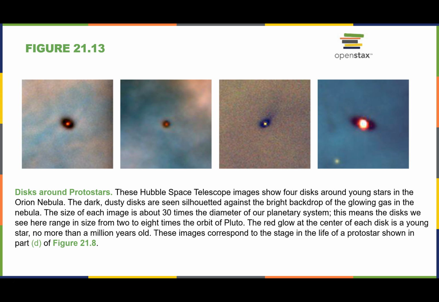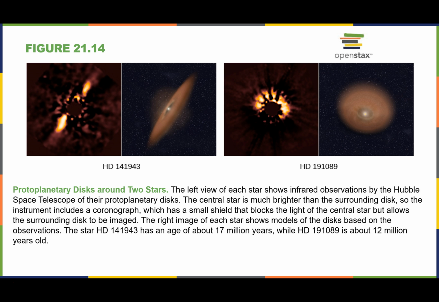So again, the way we understand how stars are born and planets are made is to look at stars and planets in various stages of being born. Again, protoplanetary disk. What is a protoplanetary disk? That's that disk of material that planets can form in around a baby star, a protostar.